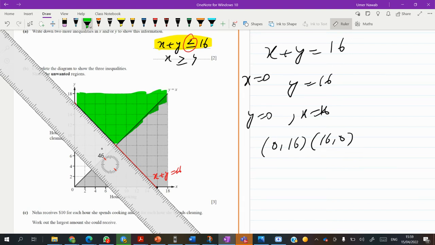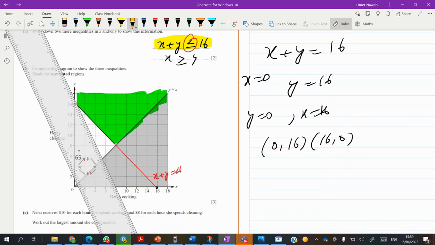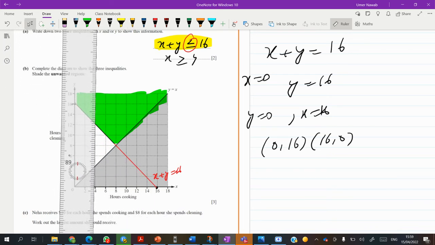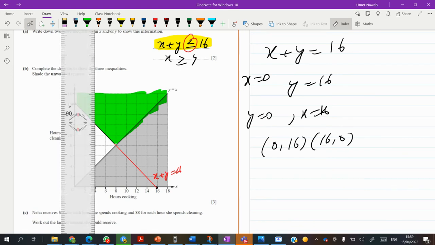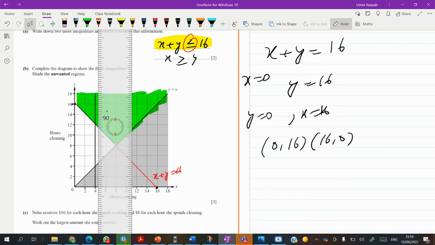Okay, now x greater than or equal to 4, where is 4? This is 4. Okay, let me draw the line. Is it a solid line? Yeah, it's a solid line. So the solid line is drawn. Greater than or equal to means the right hand portion is wanted and the left hand portion is unwanted.